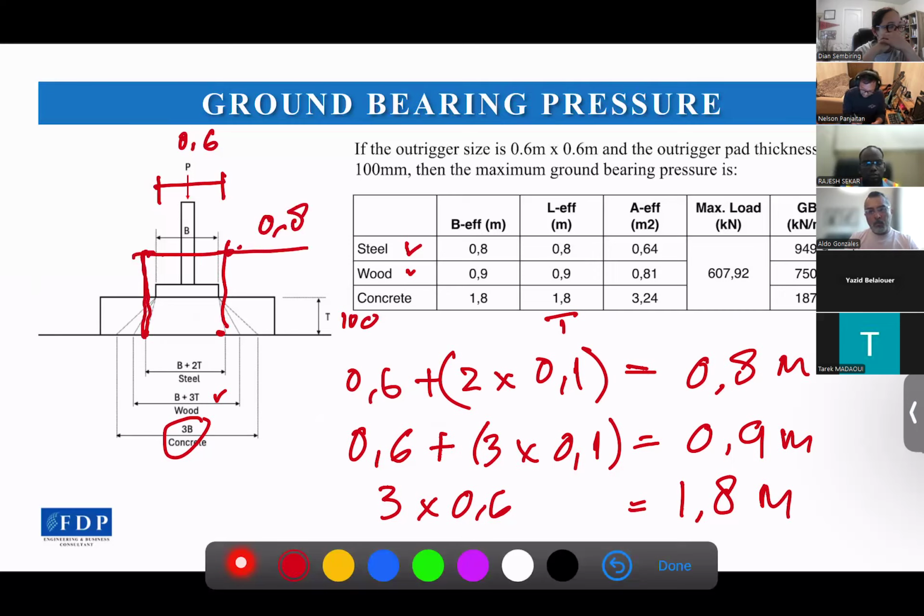If it's wood, then the dimension will be 0.9 meters, and so on with the concrete, like that, Rajesh. Is that clear for you?